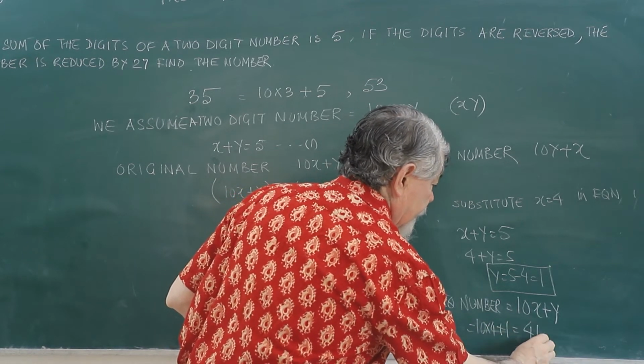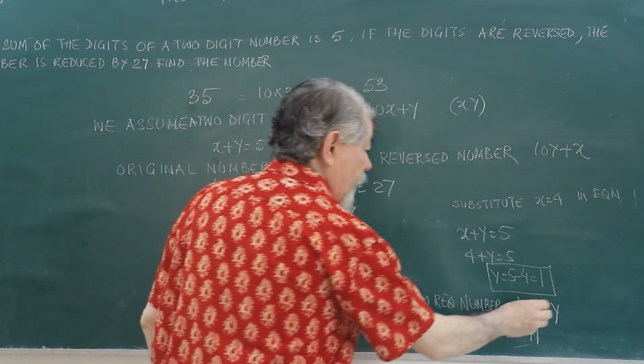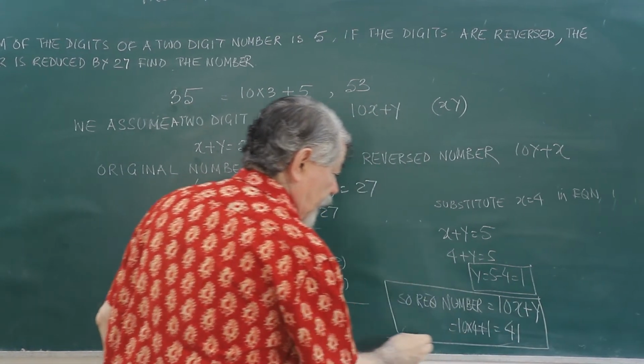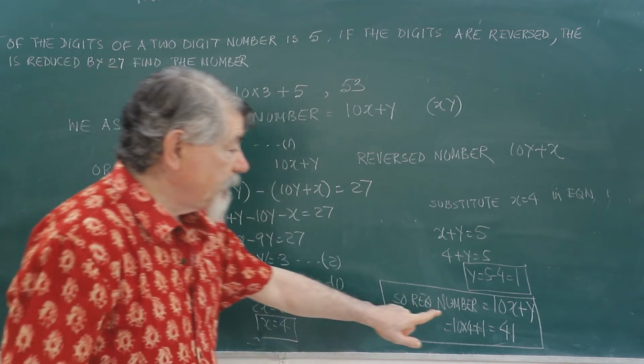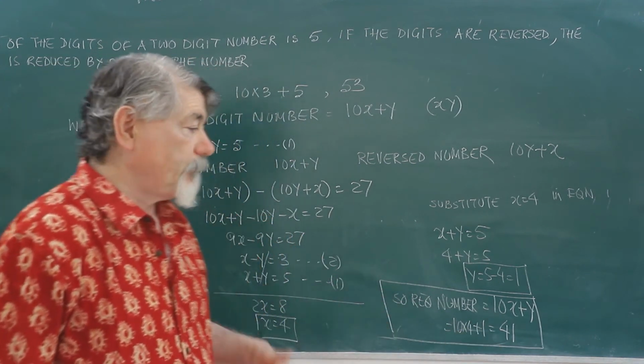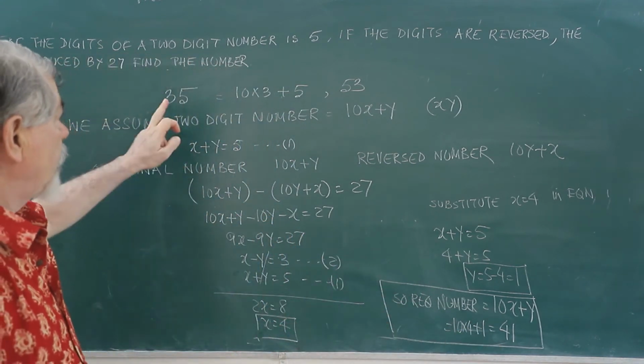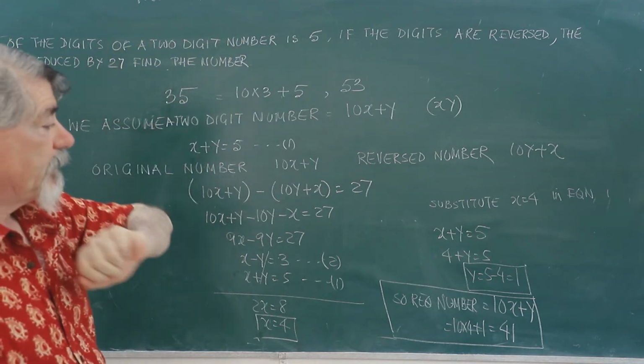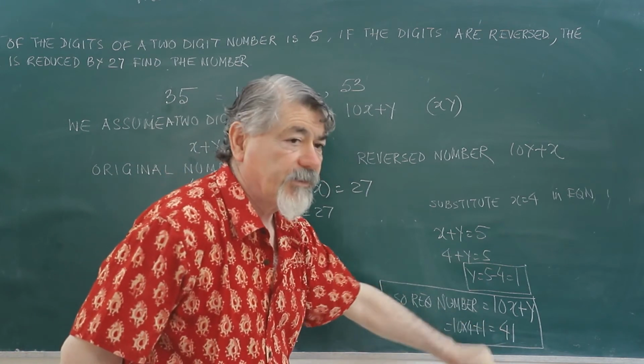So 41. The required number is 41. Now you can see the sum of the digits of the two-digit number is 5. He said the sum of the digits of a two-digit number is 5. So 4 plus 1 is 5.